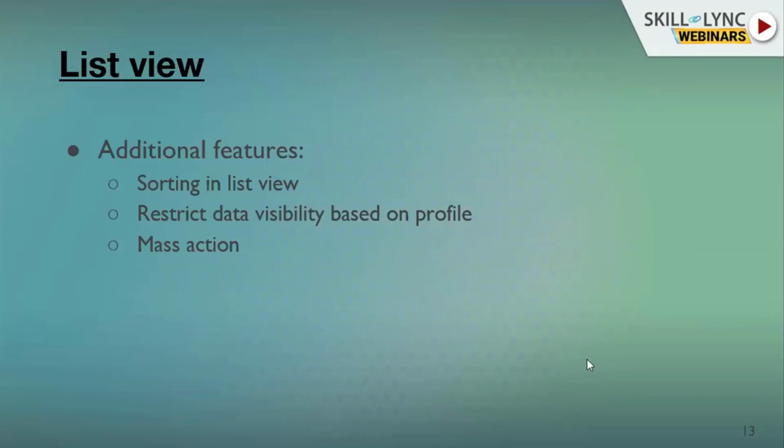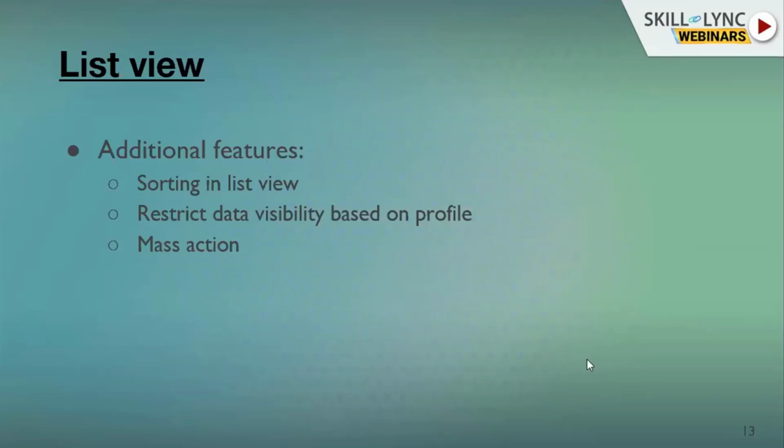Now, another good feature which list view has is the merge action. I will explain it a bit. Merge action means, suppose you have to change the owner of 100 opportunities.